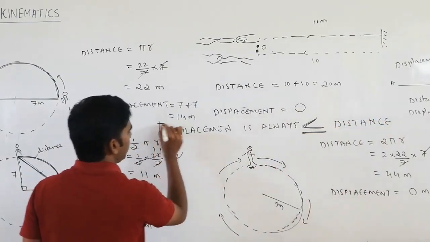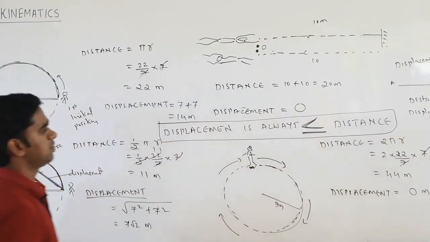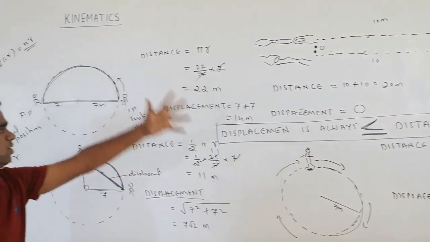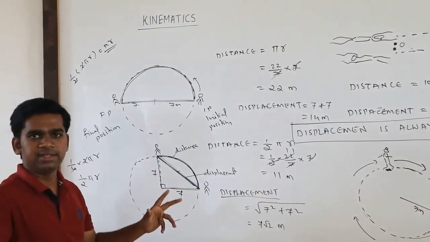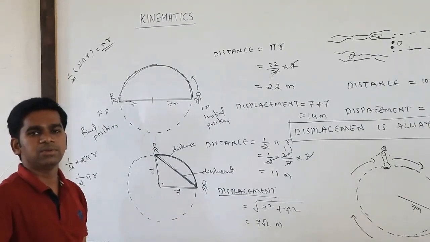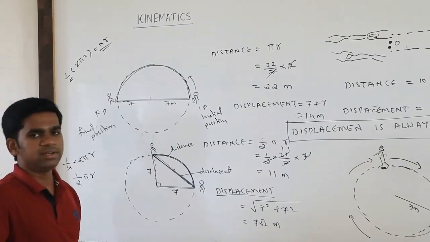This is the reason why we have taken all these examples. Getting the point? Displacement may be less than or equal to distance, but not greater than distance. Okay.